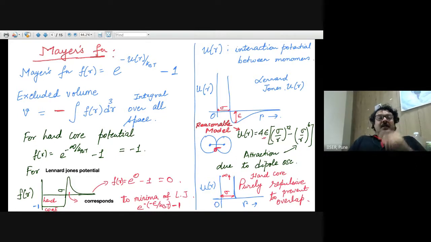For that, we will define the so-called Mayer's function. Okay, and Mayer's function is denoted by f of r, and that is exponential minus u of r, where u of r is the interaction potential between monomers. It decides whether it's repulsive, whether it's attractive, whatever is the nature of interaction between monomers, that's given by u of r, the monomer interaction potential, by kBT, minus 1.